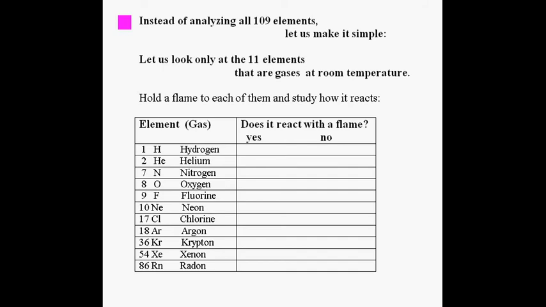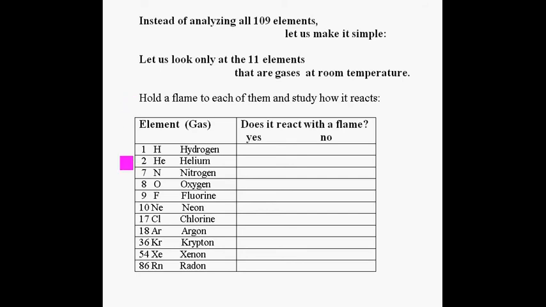Instead of analyzing all 109 elements, we'll make it easy. We will look only at the 11 elements that are gases at room temperature. And our experiment consists of holding a flame to each of them and studying how it reacts.